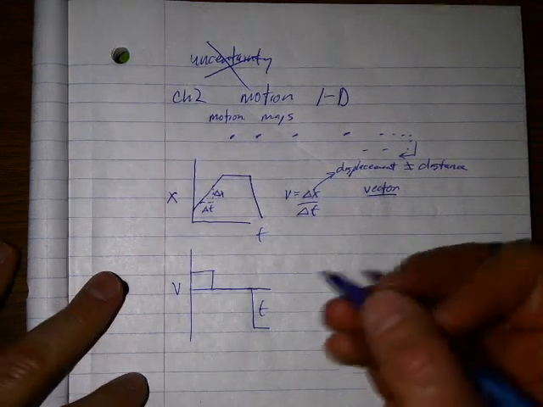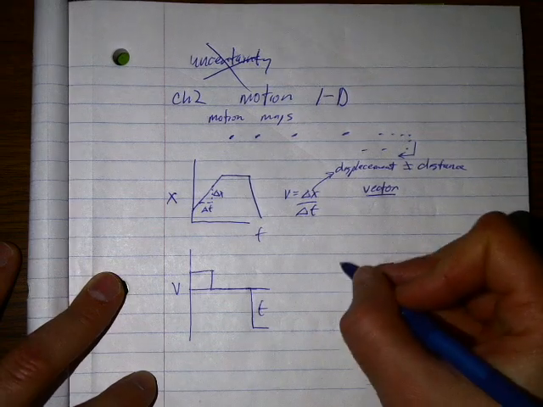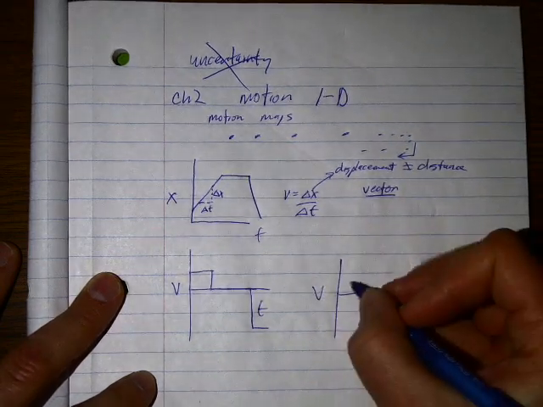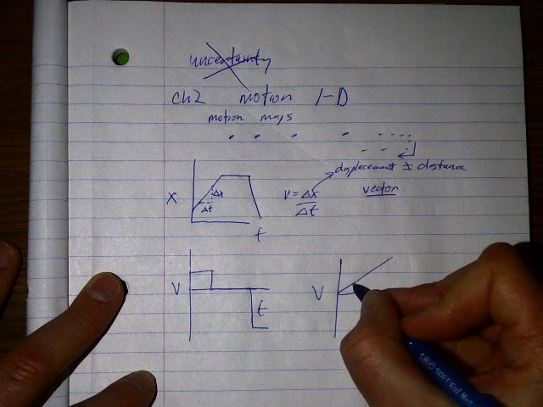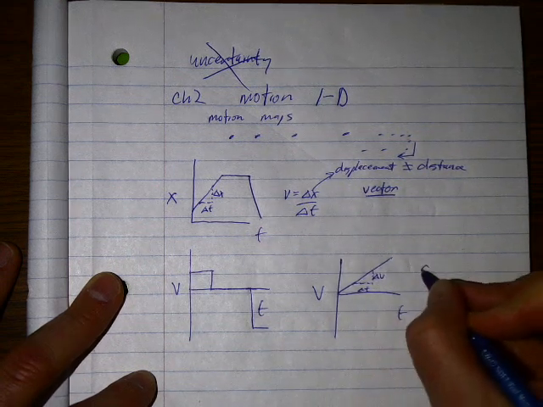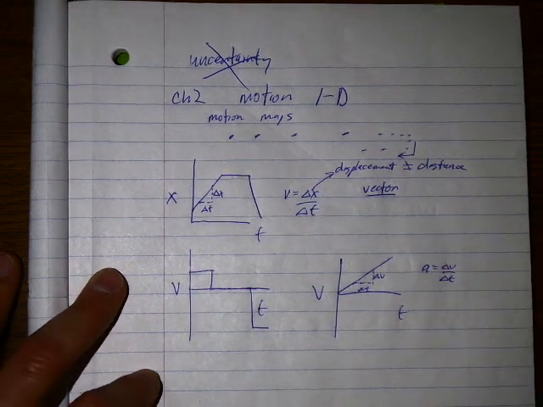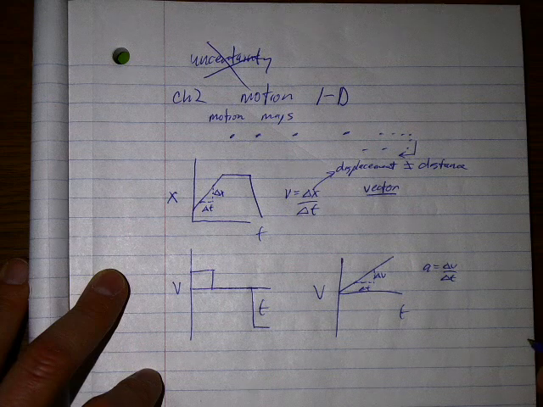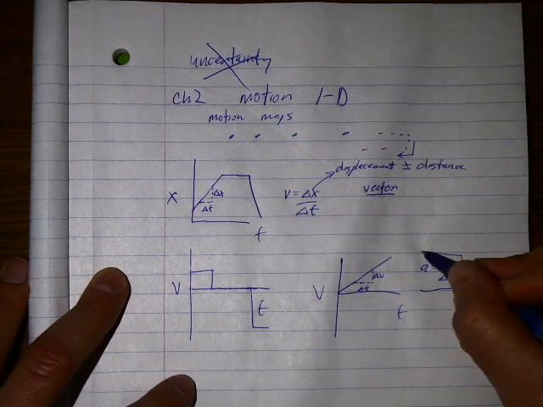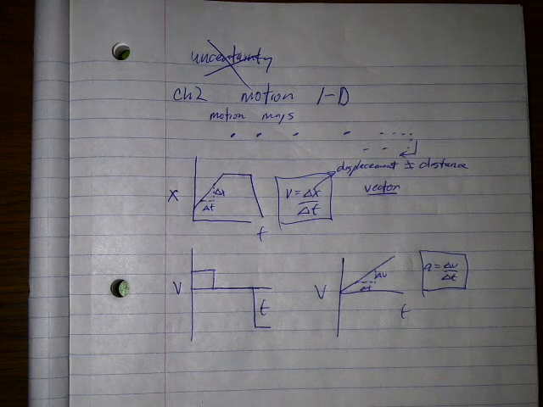If I had a velocity graph that was doing something like that, then I could define acceleration as the change in velocity over the change in time. It could be positive or negative as well, so it was also a vector. So we came up with our first 2 equations and definitions, velocity and acceleration.